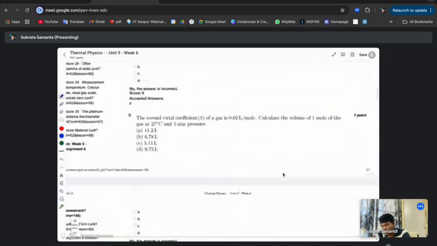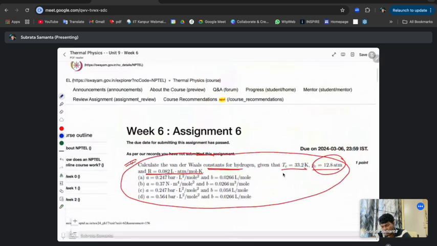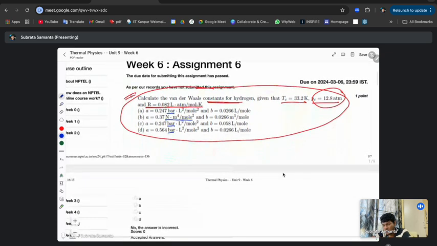The answer is given in bar. All the answers are given in bar, and this one is Newton meter square per mole square, so this is also the unit of A. Because 1 bar is in Pascal, and 1 atm equals 1.013 bar, and liter is basically meter cube.